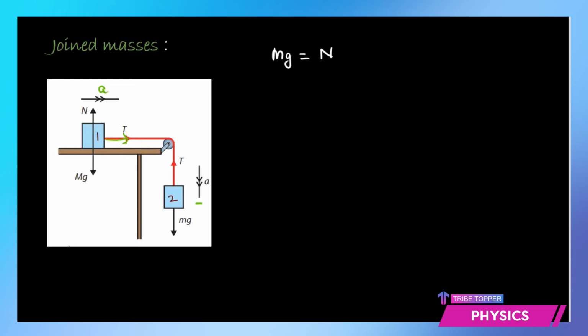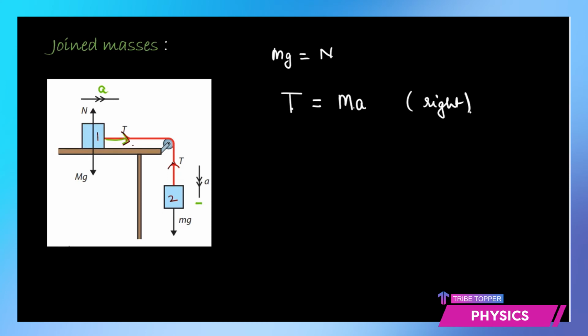So this tension and this tension will be equal. So for the mass 1, the only force that is acting is tension. It is pulling the mass m to the right, and that is equal to the net force ma, towards the right.